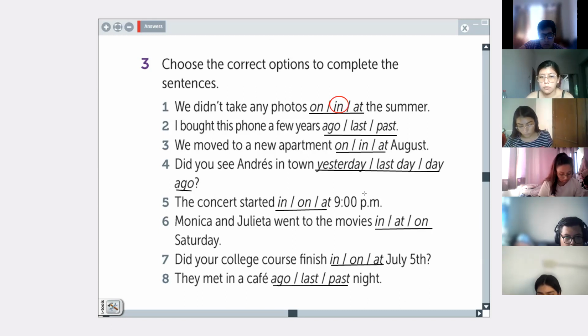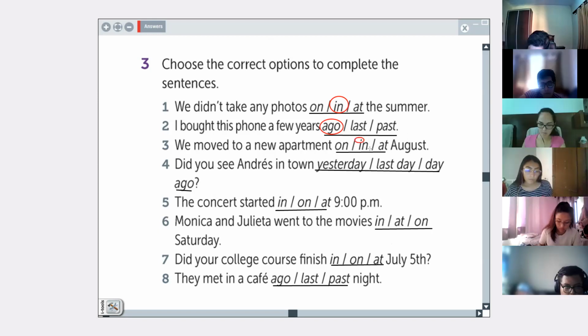Number 2, I bought this phone a few years ago. Very good. We moved to a new apartment in August. Yes. Did you see Andres in town yesterday?